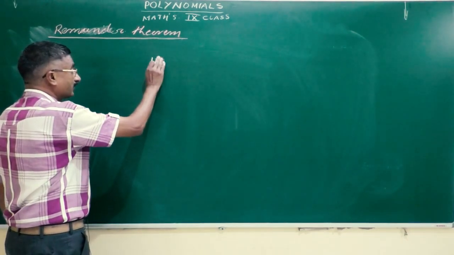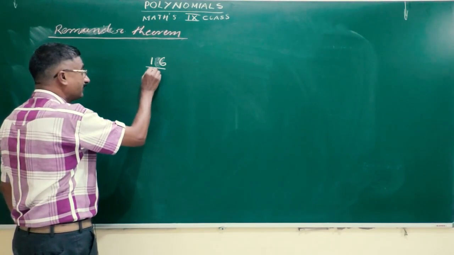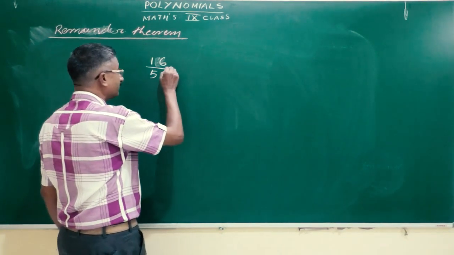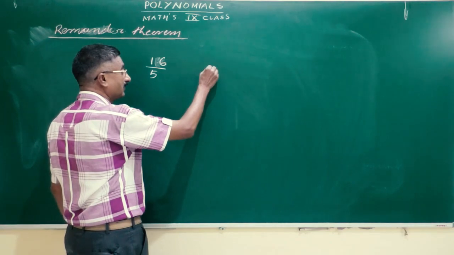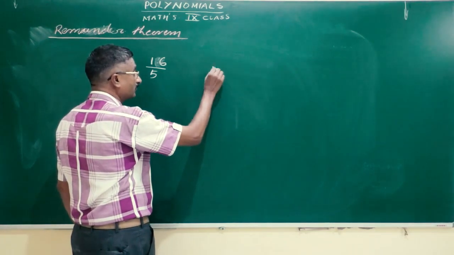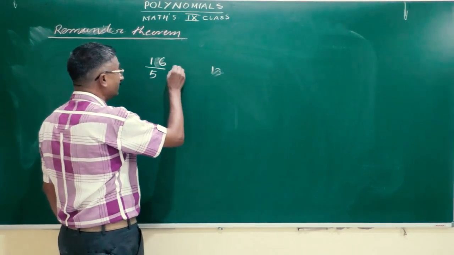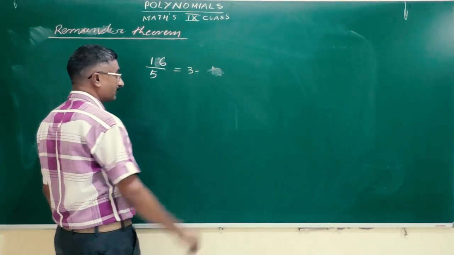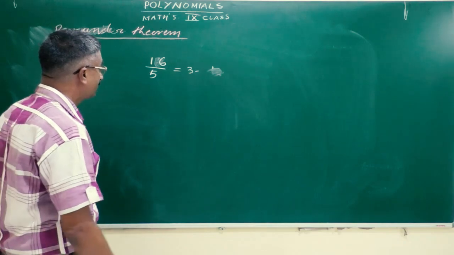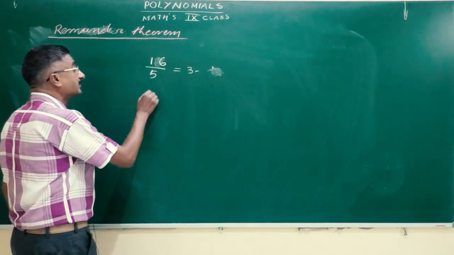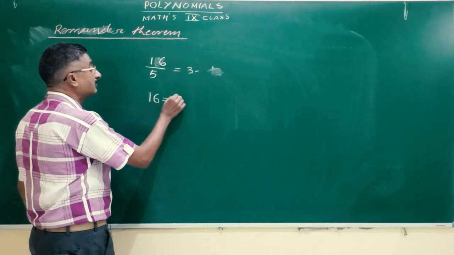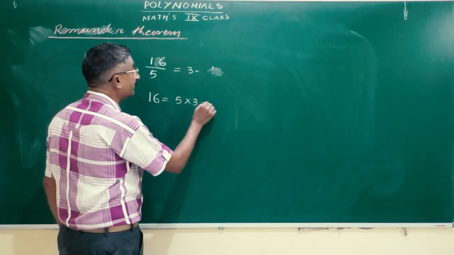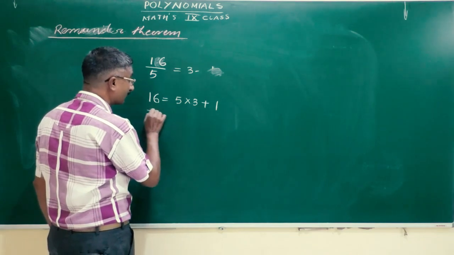If 16 is divided by 5, means 5 2s are 10, 5 3s are 15. So we will get the answer 3 point something. So I will not write in this manner. How I can write: 16 is equal to 5 into 3, 5 3s are 15, plus 1.